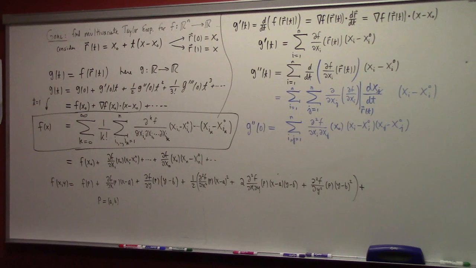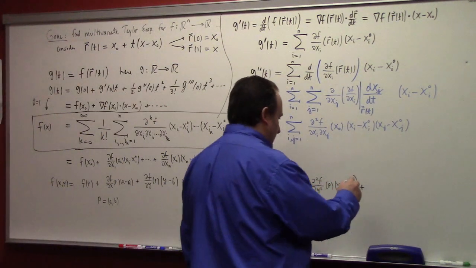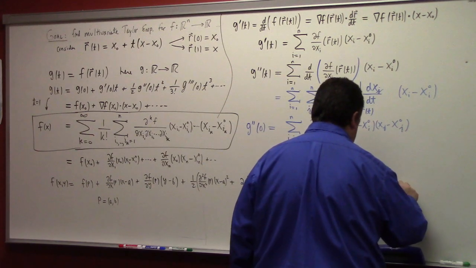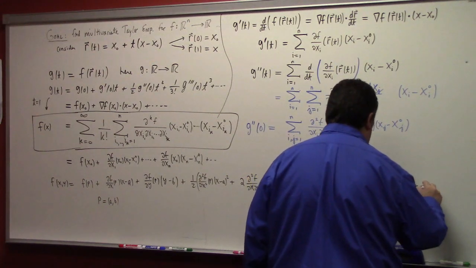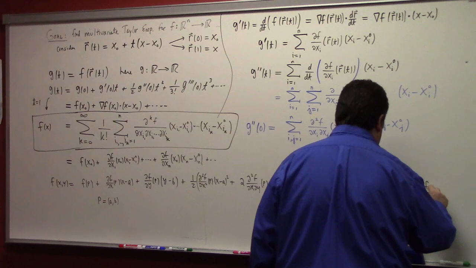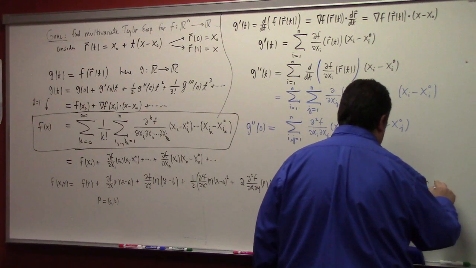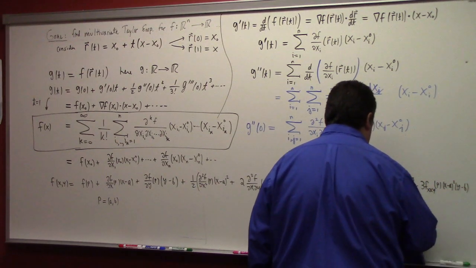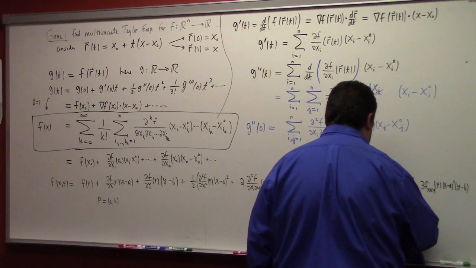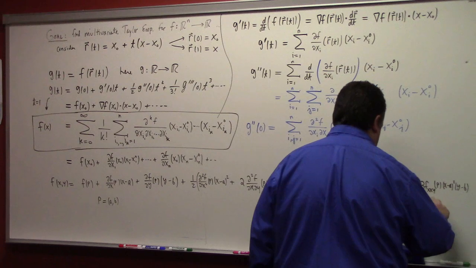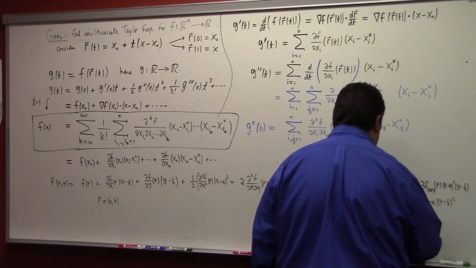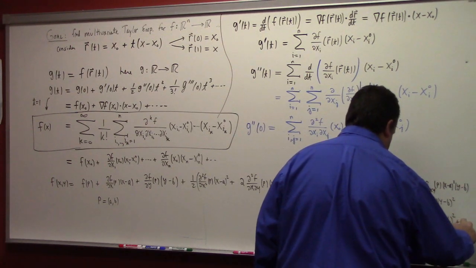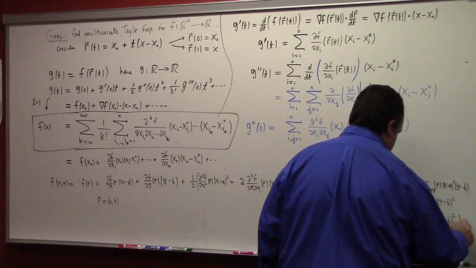So next there's 1 over 3 factorial, f xxx at the point P times (x minus a) cubed, plus 3 f xxy at the point P times (x minus a) squared times (y minus b), plus 3 f xyy at the point P times (x minus a) times (y minus b) squared, plus f yyy at the point P times (y minus b) cubed. Then the plus dot dot dot.